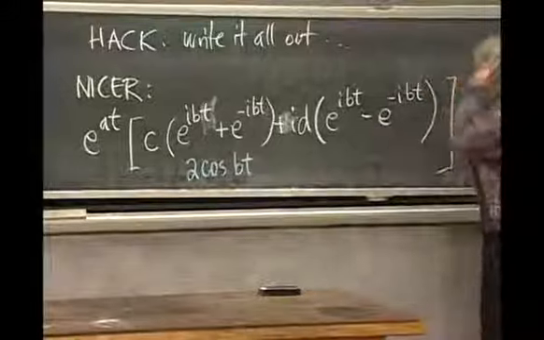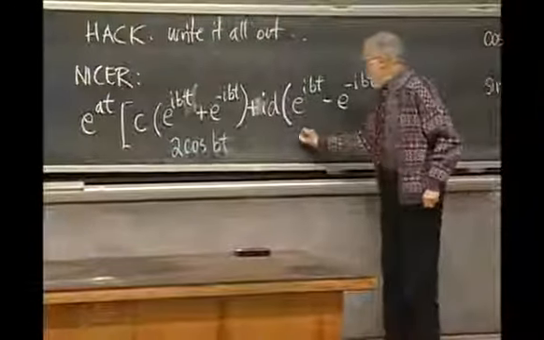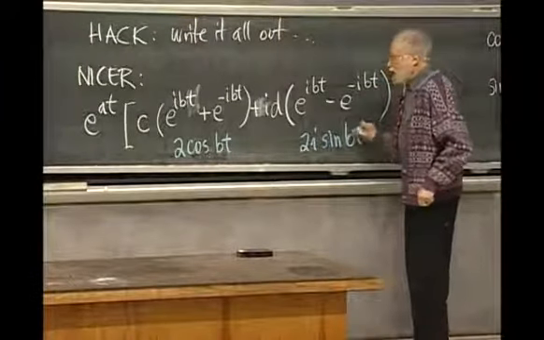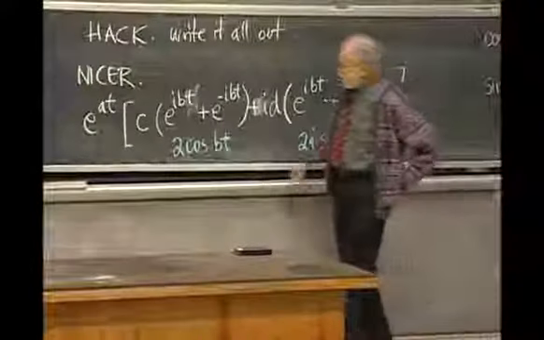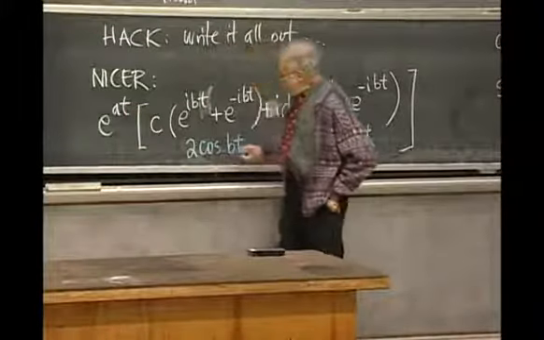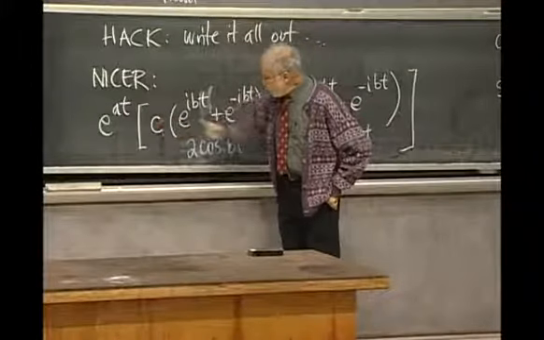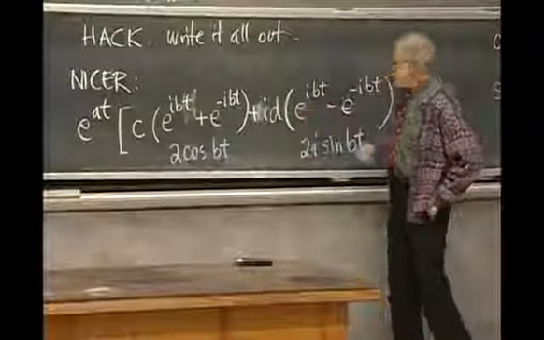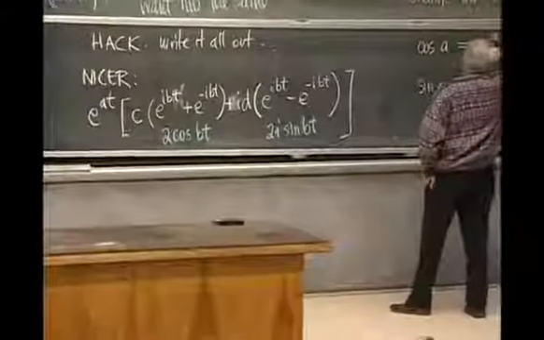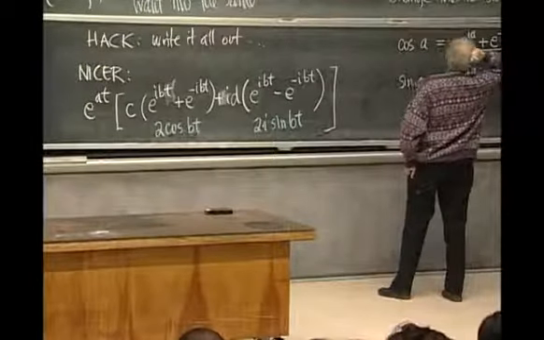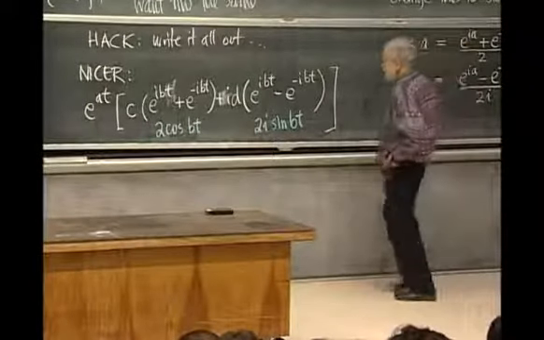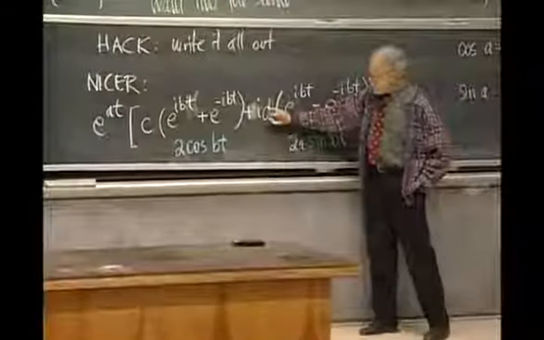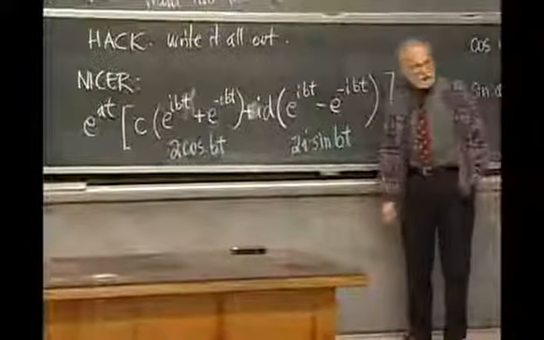This part is 2i times the sine of bt. And so what does the whole thing come out to be? It is e to the at times 2c cosine bt plus i times, minus, i times i is minus, so minus 2d times the sine of bt.